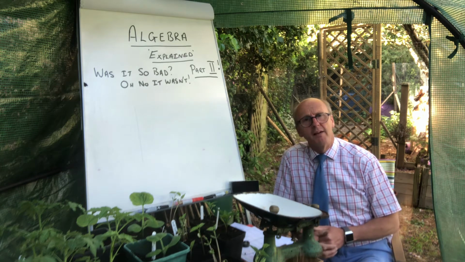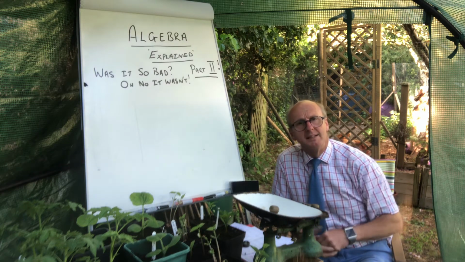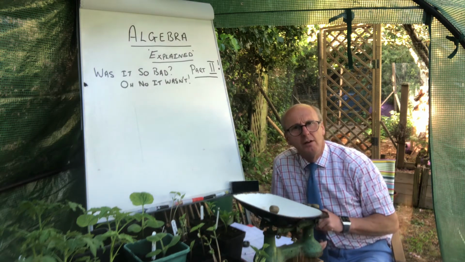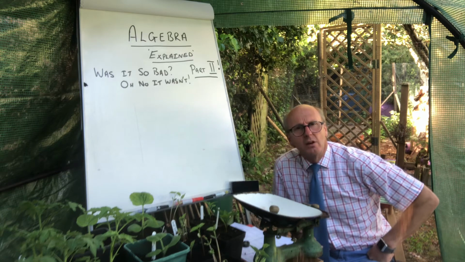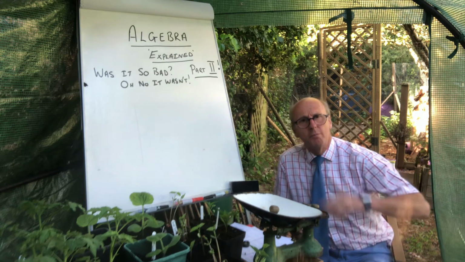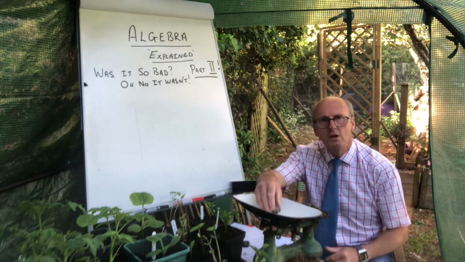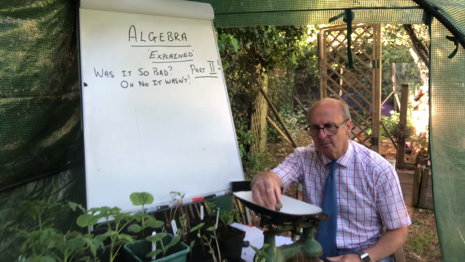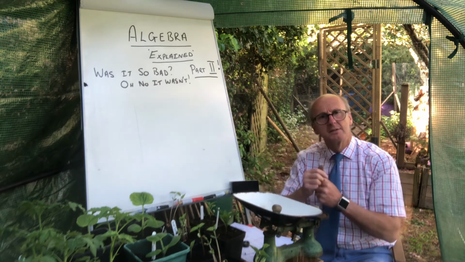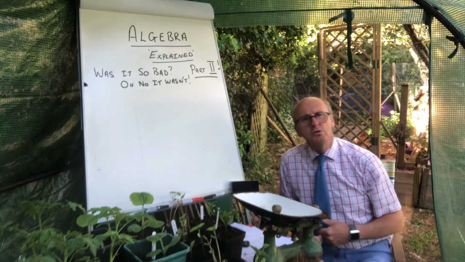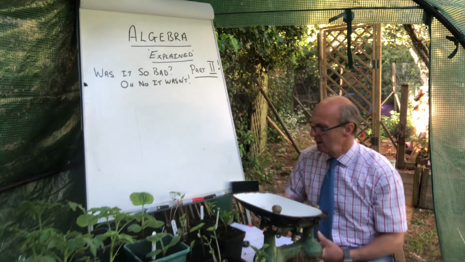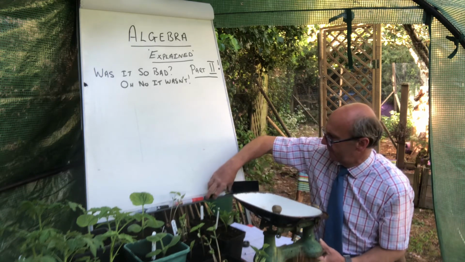We have to make that variable isolated, like on the island. X is on an island, it's isolated. We've put it to one side so we know what it adds up to. We get that balance.